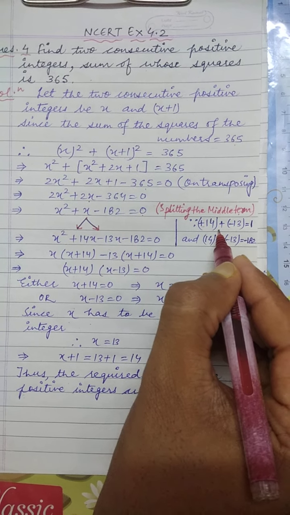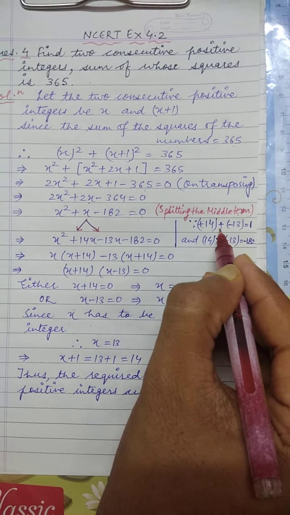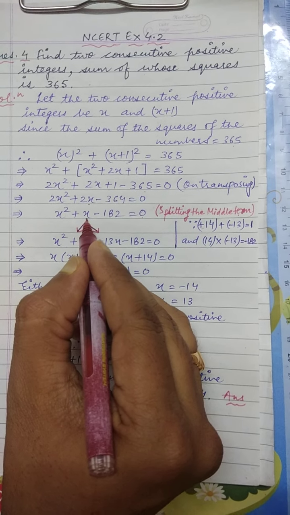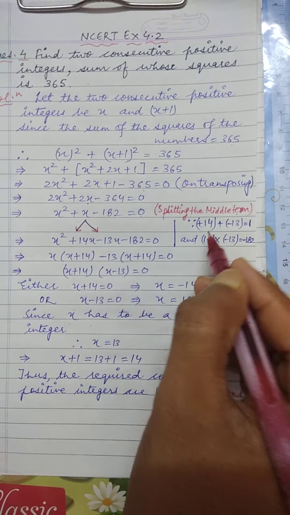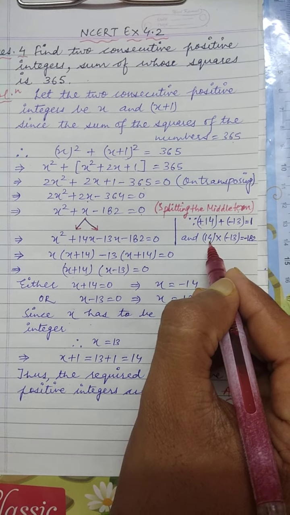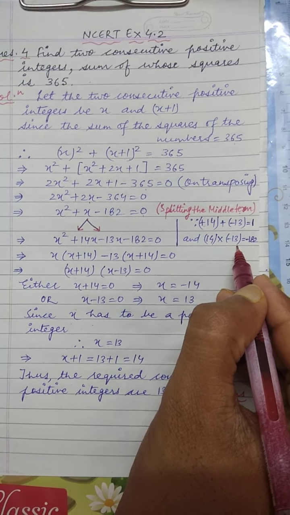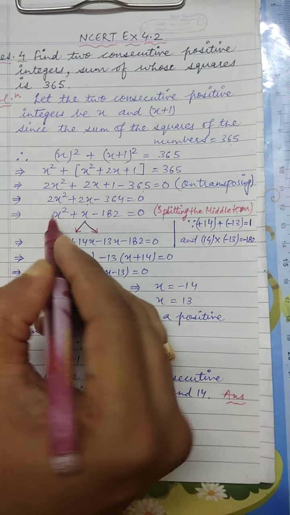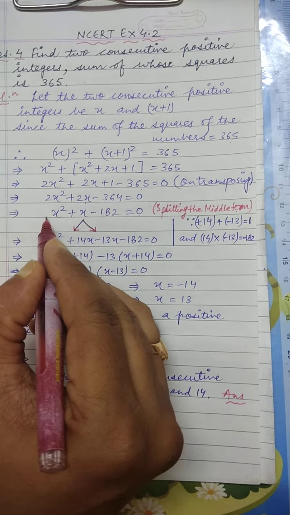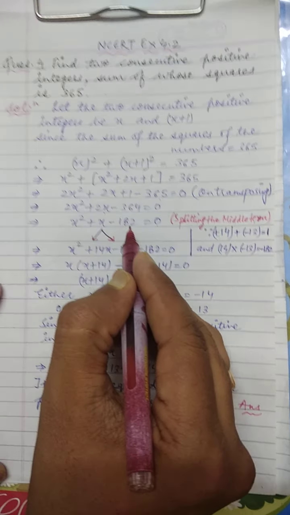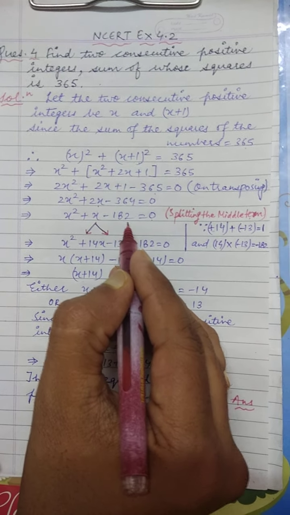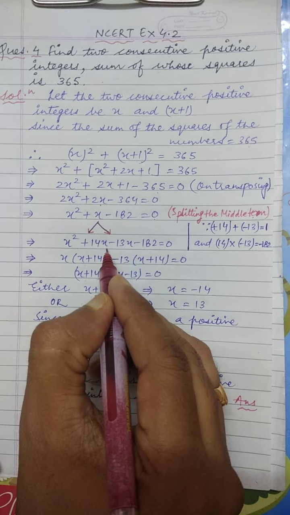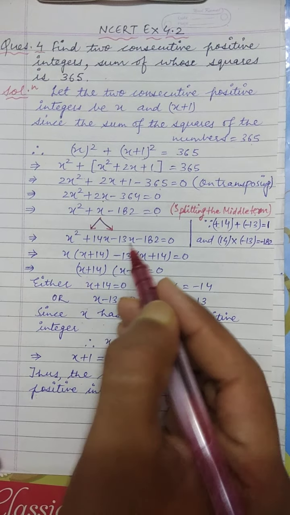Since plus 14 when added to minus 13 gives you 1, which is your middle term coefficient, and plus 14 when multiplied by minus 13 gives minus 182. And since the product of the coefficient of x square, that is 1, and the constant, which is minus 182, is also minus 182, that's why we have taken the two factors as plus 14x and minus 13x.